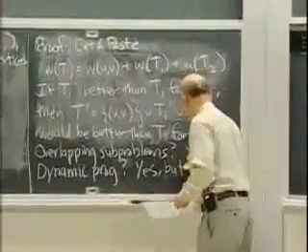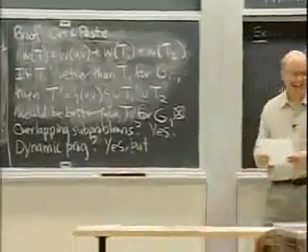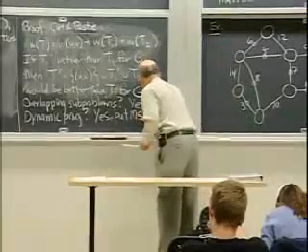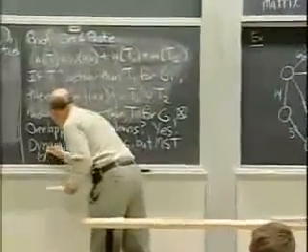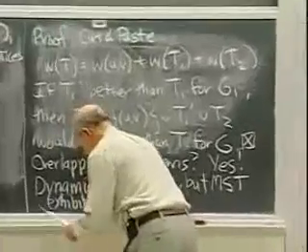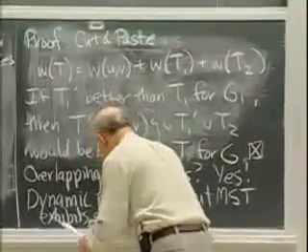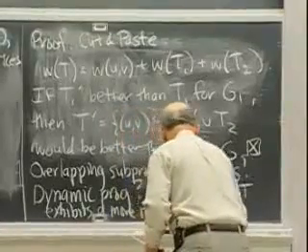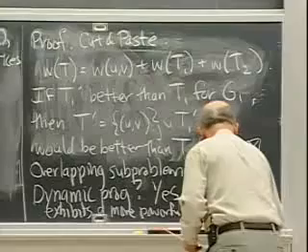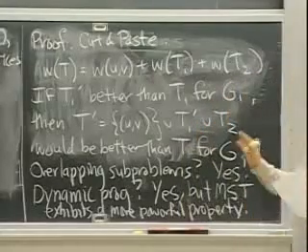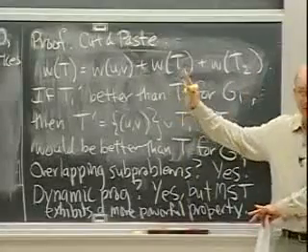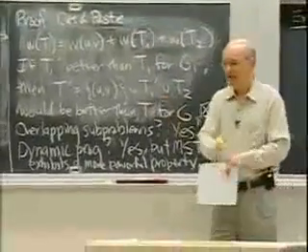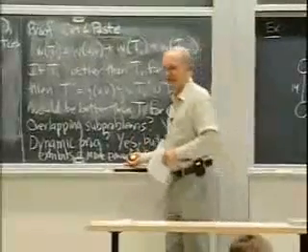But yes, you could use dynamic programming, but it turns out that minimum spanning tree exhibits an even more powerful property. So we got all the clues for dynamic programming, but it turns out there's even a bigger clue that's going to help us to use an even more powerful technique.